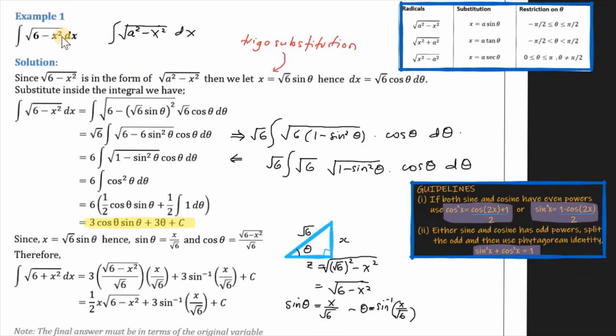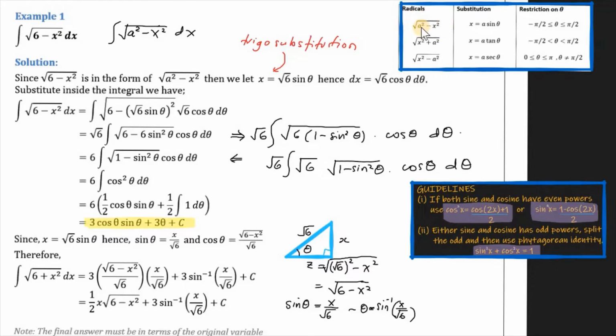To get the answer for this form, we are going to use a method we call trigonometric substitution. It's not u substitution, it's trigonometric substitution. We are to change our variable into trigonometry. But first, we compare to the guideline.